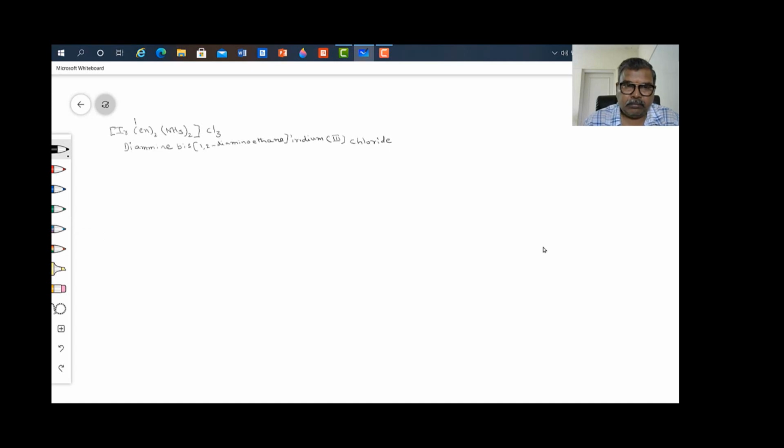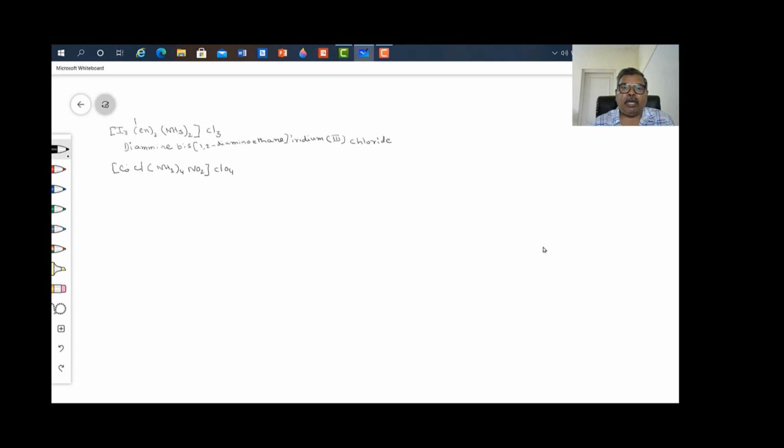Next, Co, Cl, NH3 taken 4 times, NO2, ClO4. So this is the complex given. ClO4 minus is the perchlorate ion.